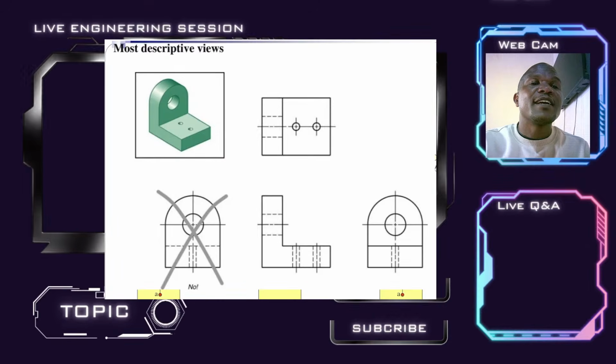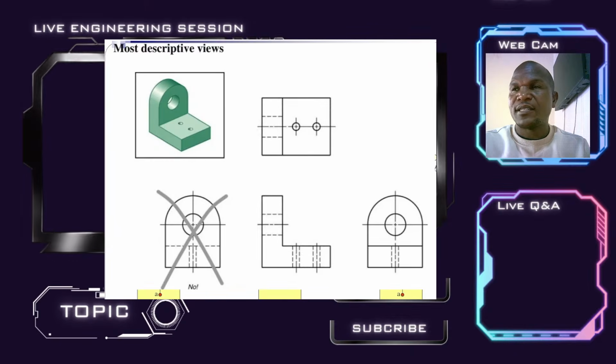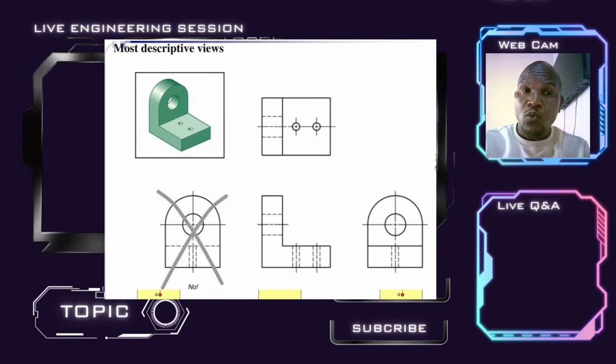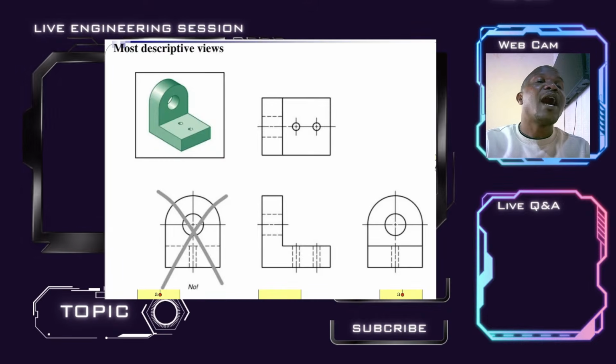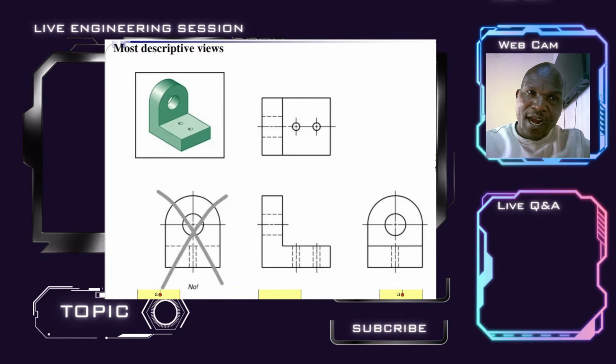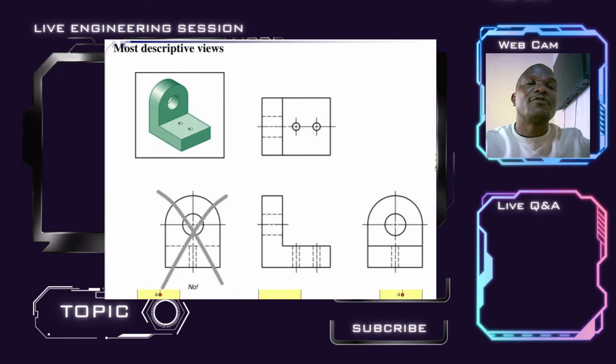Now, why have I cancelled the left view in this case? This is what makes an engineer keen. One, simply because I am viewing it from the left side. That's where I have drawn, viewing it from the left side, that's where I've selected the front view.